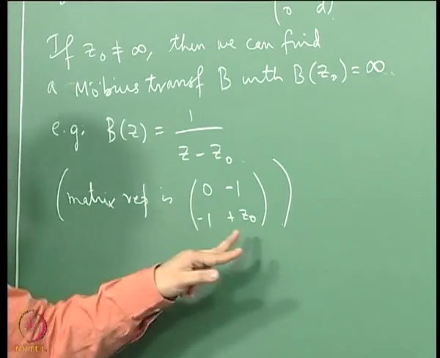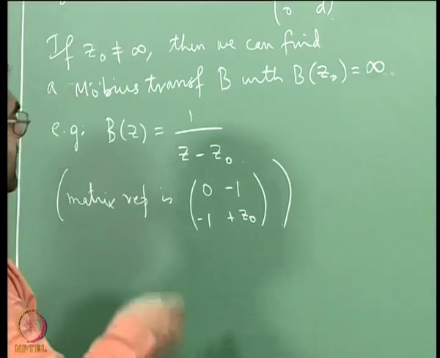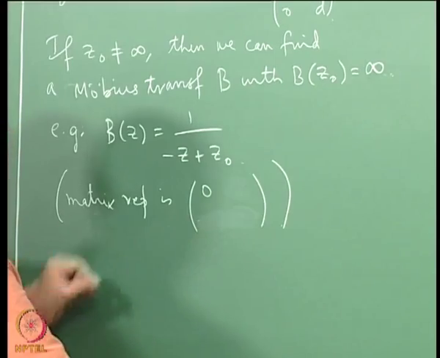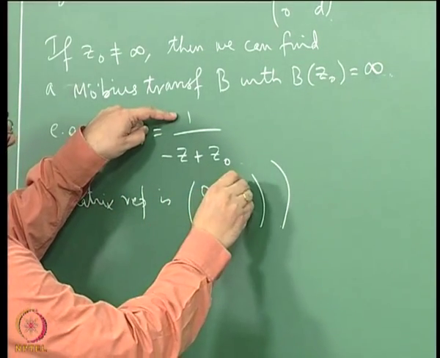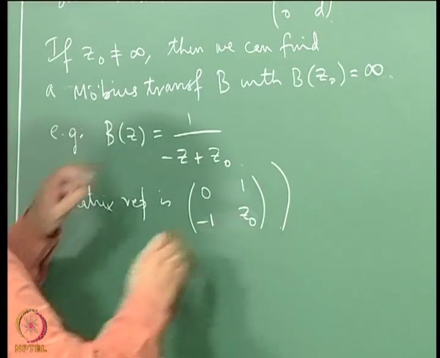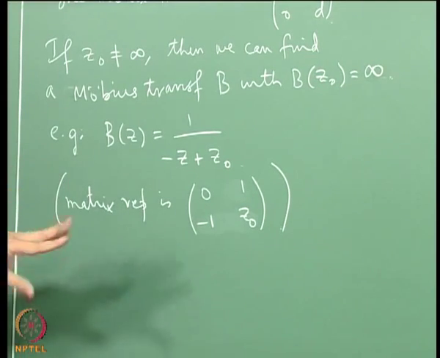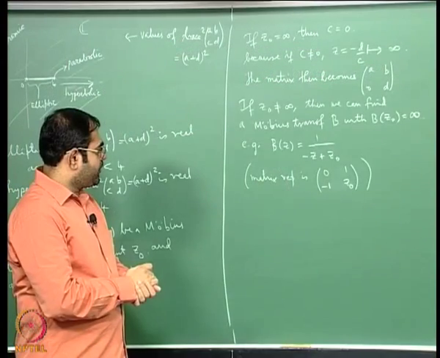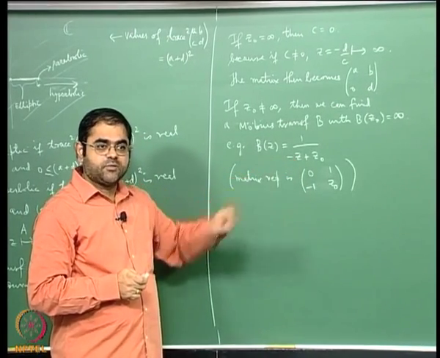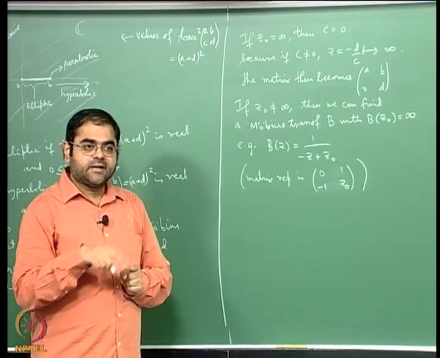Probably no, it is still minus 1, so maybe I will have to take minus z plus z0. If I take minus z plus z0, then it should work. So it is going to be 0 1 minus 1 z0. This is now in SL2, just to keep track of the matrix representative. The point is, if you want a matrix representative, you must make sure that it is a representative in SL2, so you must adjust it so that the determinant is 1.